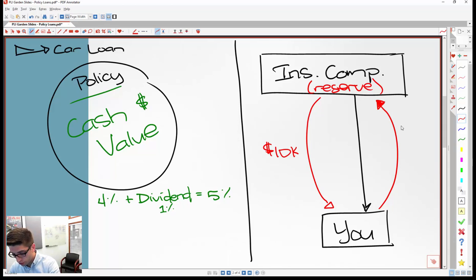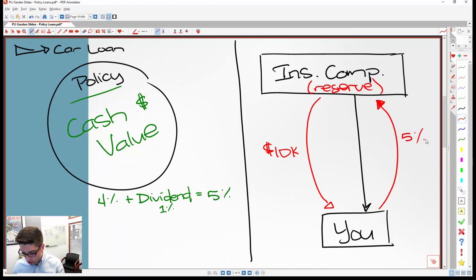So we're going to charge you a 4 to 6% interest. That's going to vary a little bit, but typically you'll find it is somewhere between 4 to 6%. For our example today, we're going to say the insurance company charges you 5% interest back on that policy loan.